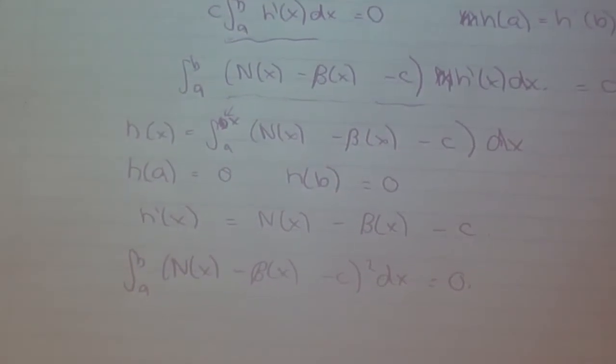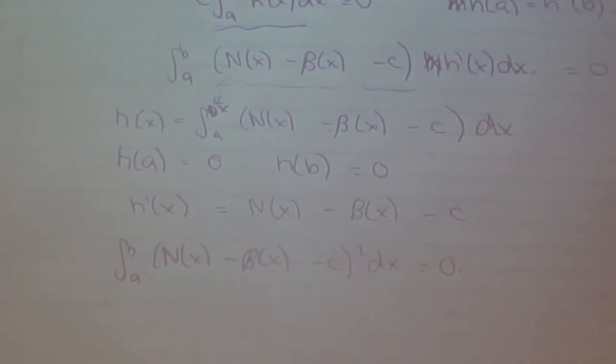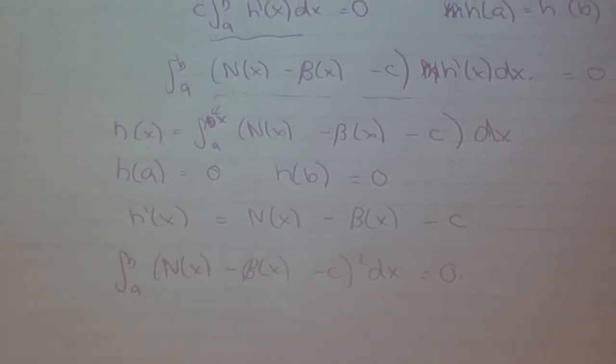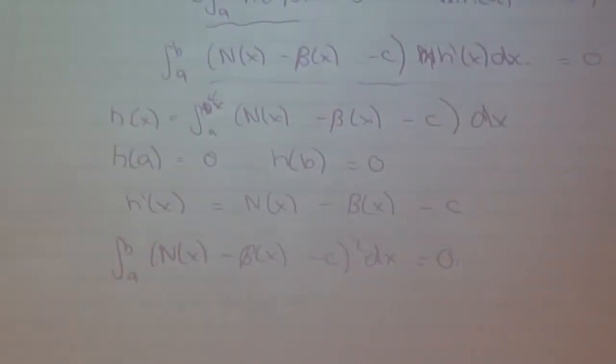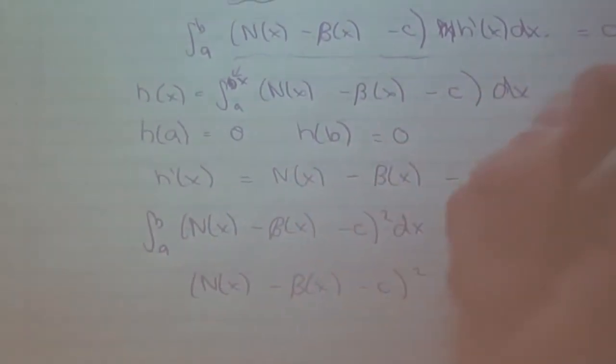So now we have equation 3, which is very useful because n of x minus beta of x minus c squared is non-negative. And because it's piecewise continuous, if the integral equals 0, the function inside equals 0. So n of x minus beta of x minus c squared equals 0.